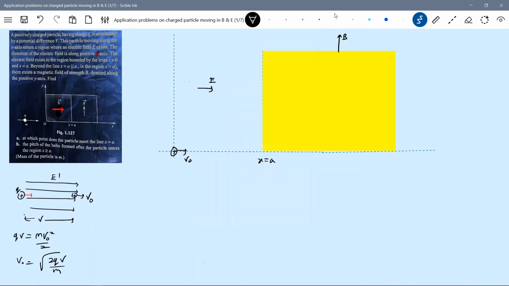Now by the time the charged particle... I think it's correct only. Here this has to change. I'll make some changes.